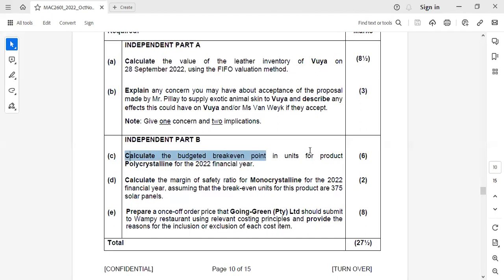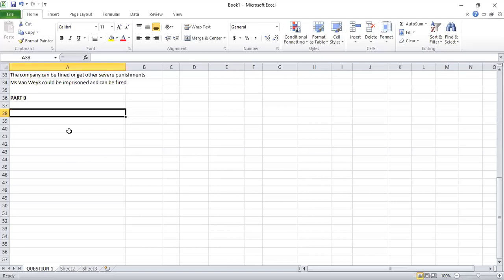Calculate the budgeted break-even point in units for the polycrystalline for the 2022 financial year. Right, we should remember that they only talked about the polycrystalline. Let us start by talking about what break-even is.